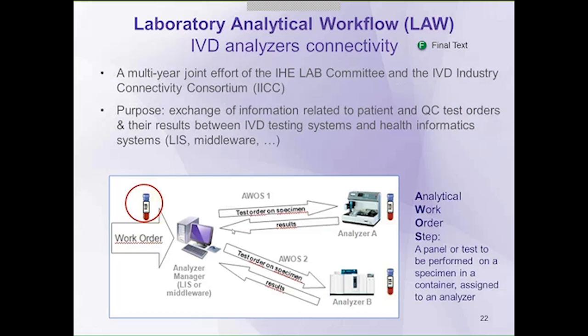And then the last 3 years, we've been actually pulling that out and creating the laboratory analytical workflow profile that is specifically just for the orders and results, and the lab automation piece now is just for the preparation for specimen.